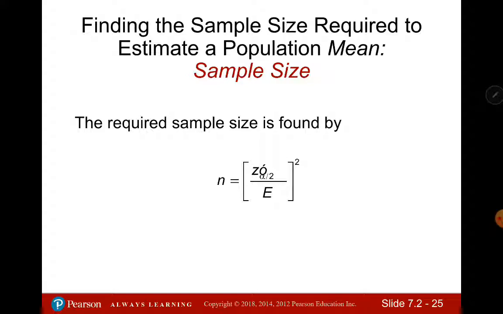When we talk about the sample size, we always need to use the Z as our critical value. But when we do the confidence interval, sometimes we should use Z, sometimes we should use T. It depends, right? But for the sample size, the critical value is always the Z.